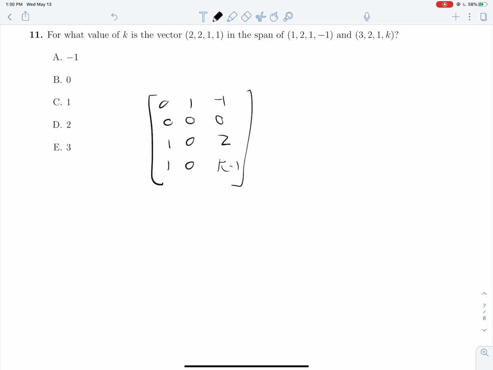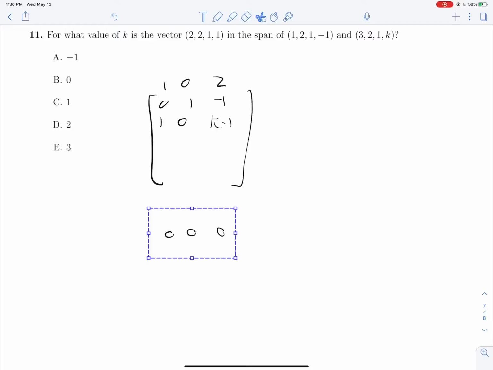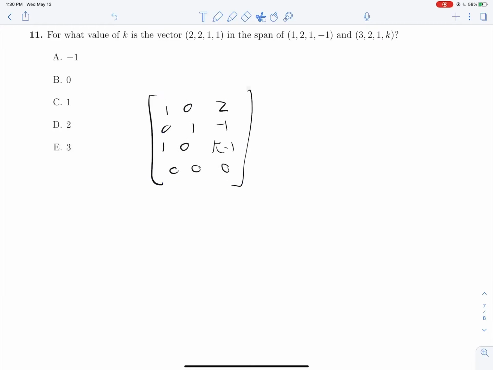So what's going on here? We kind of need to rearrange this to put it into a little bit more of an echelon form to get an idea of how many pivots we're dealing with at this point. And I will also parenthesis this guy off. Okay, so we see that we will get two pivots if we can use row 1 to set row 3 to be equal to 0.